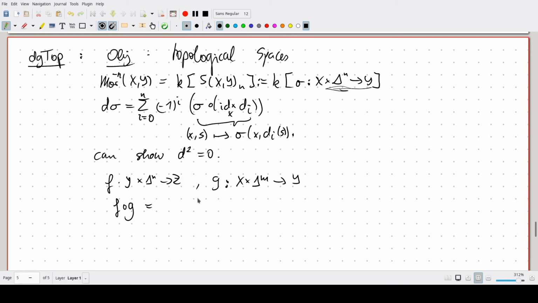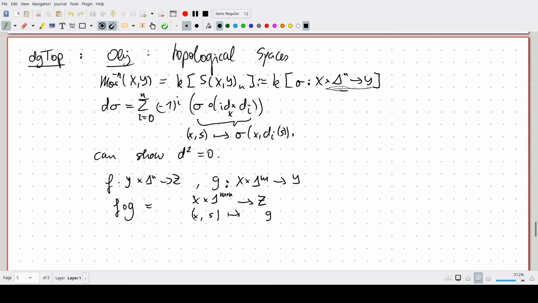And the idea is to have this thing map an element x, and now we have an element s of the n plus m simplex, so we have a map from x cross delta m plus n to z, and the idea is to map x times some s to, what can we do?